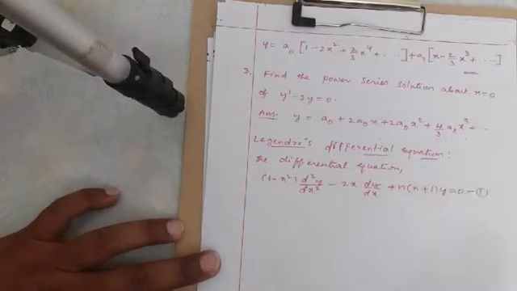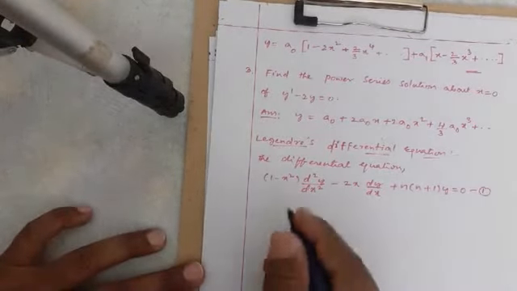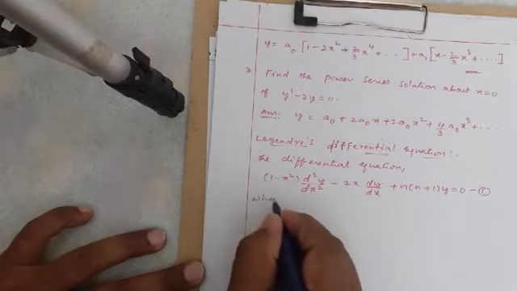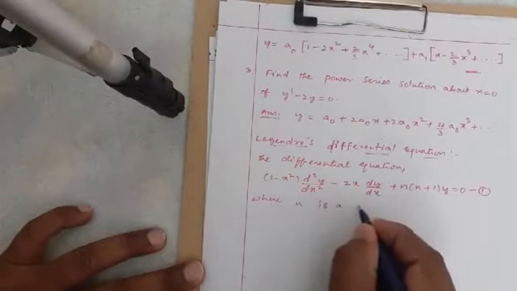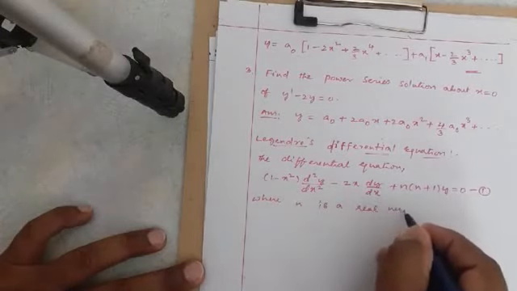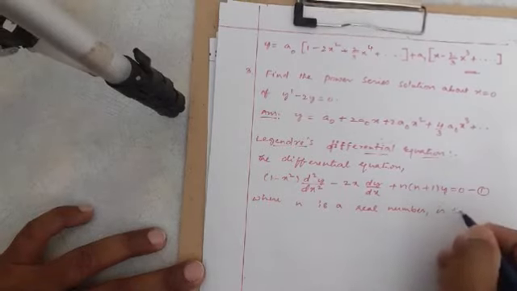Take this as equation 1. This is Legendre's differential equation, where n is a real number.